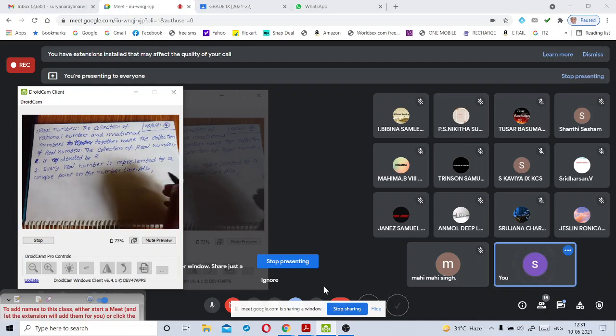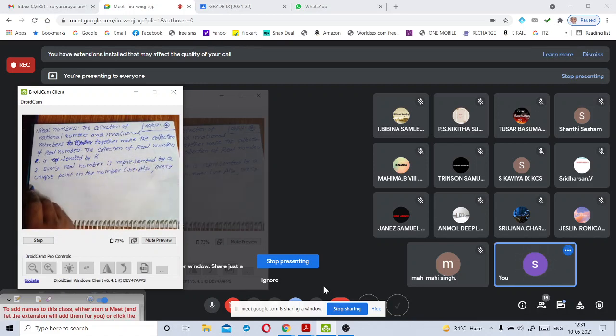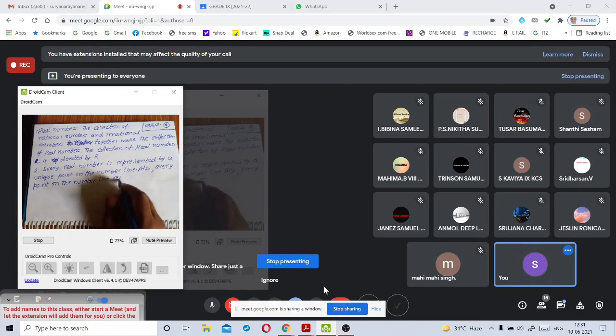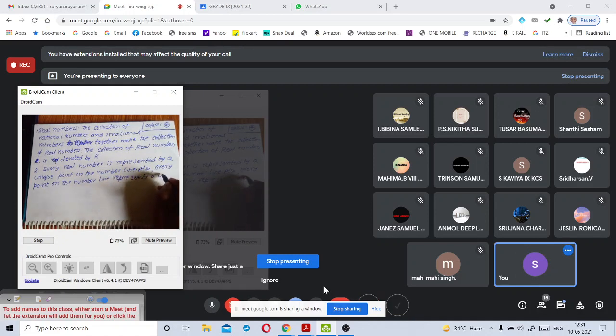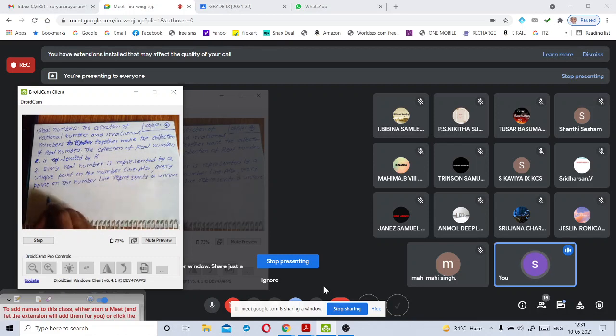Also, every point on the number line represents a unique real number. Please remember these points about real numbers.